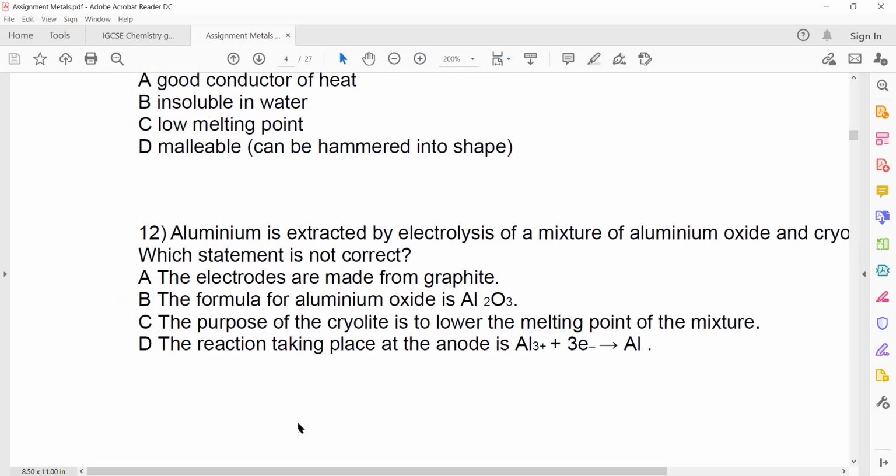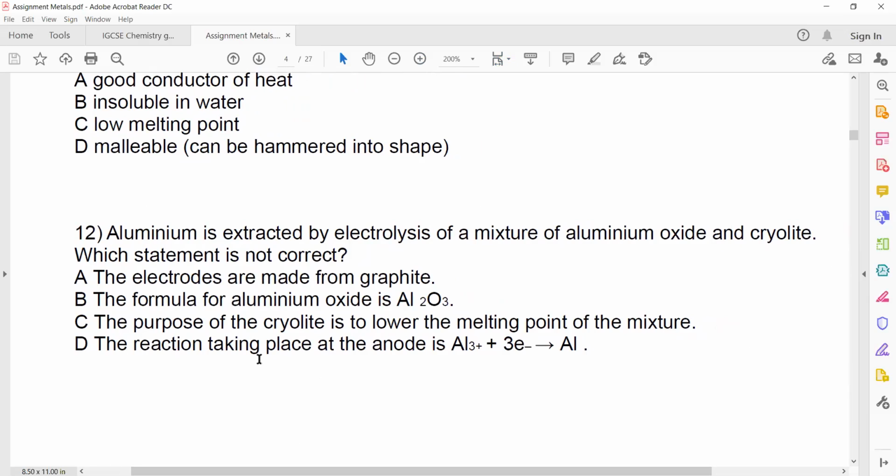Question 12. What could be the answer? Yeah, D is the right answer.